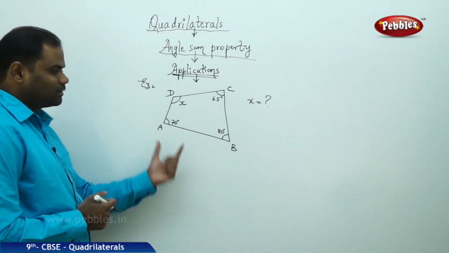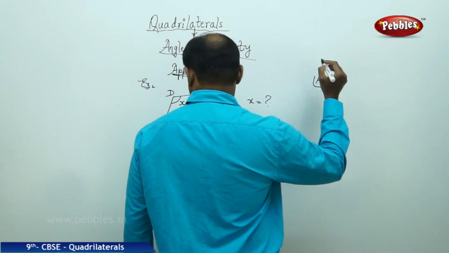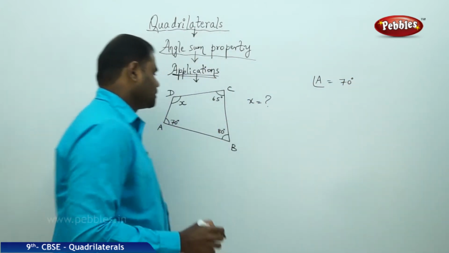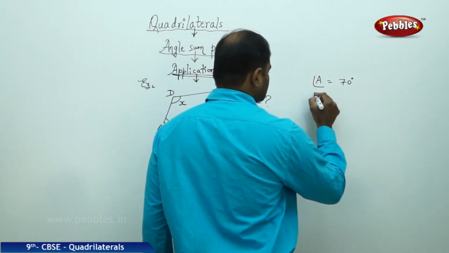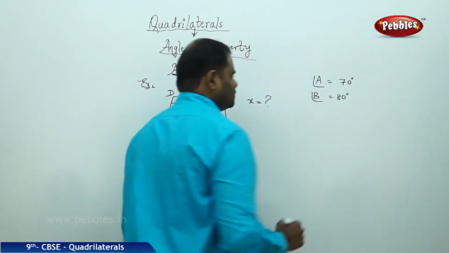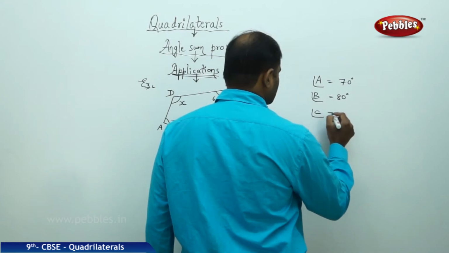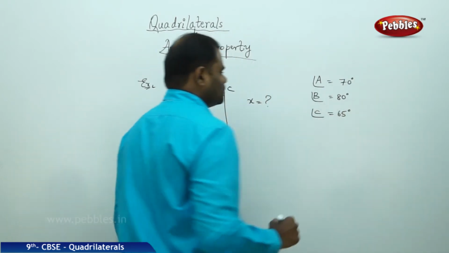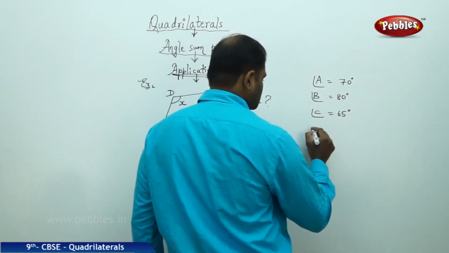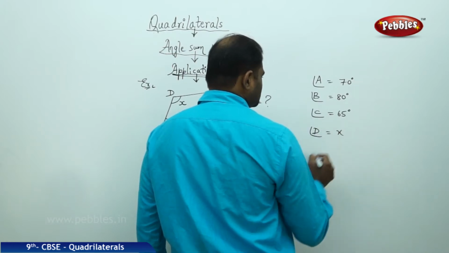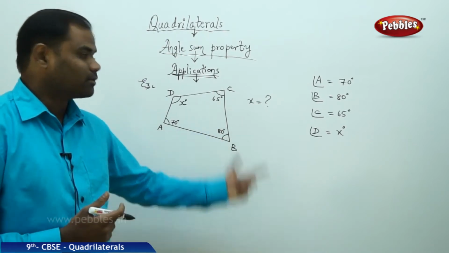Clearly, the given conditions are that angle A is given to be 70 degrees, my angle B is given to be 80 degrees, my angle C is given to be 65 degrees, and my angle D is given to be x, and we need to find the angle D, that is the value of x.